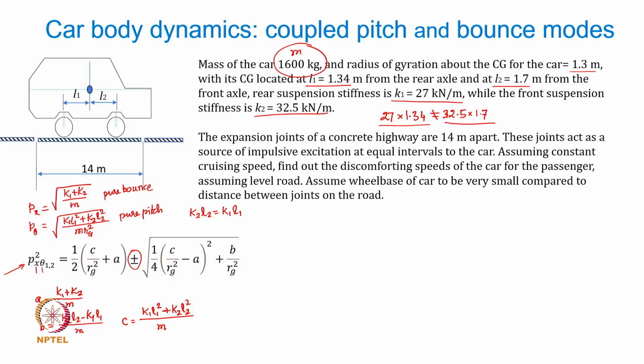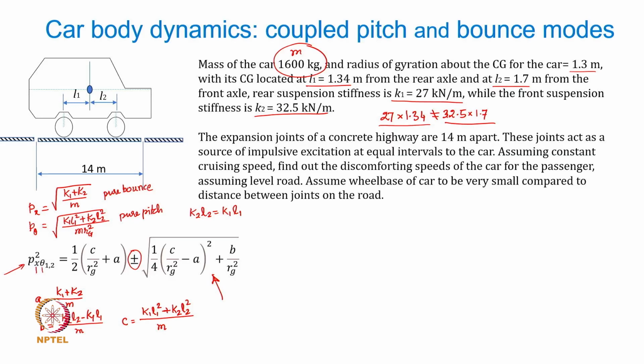That means whenever the car body moves up and down, there will be associated pitch motion. Obviously, had they been decoupled, this frequency equation would turn out 2 different frequencies, and they would be pure bounce and pure pitch natural frequencies.